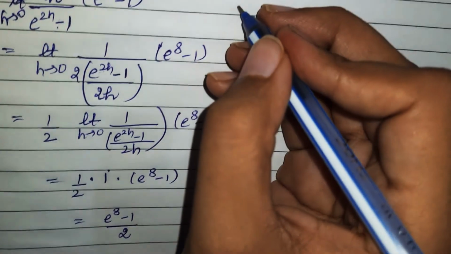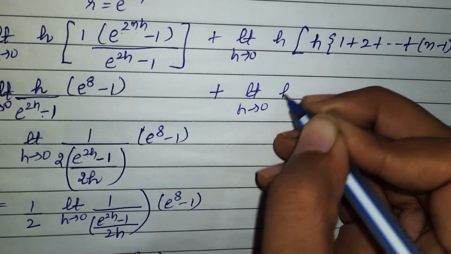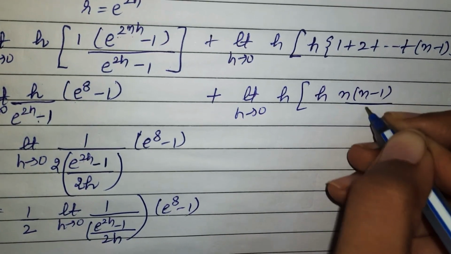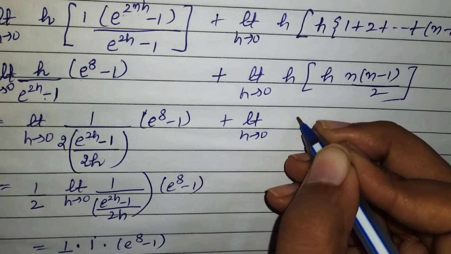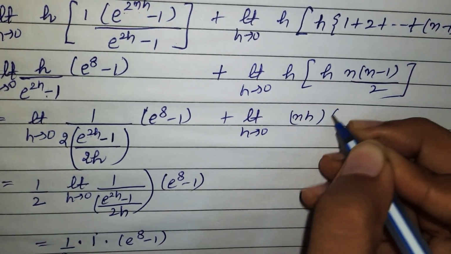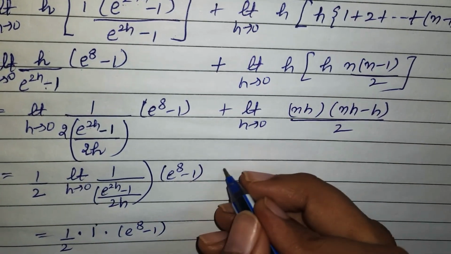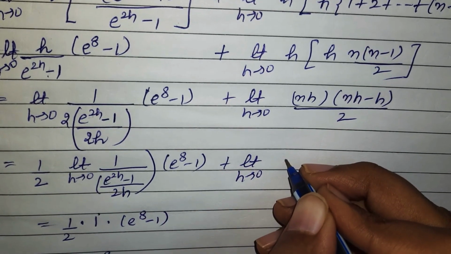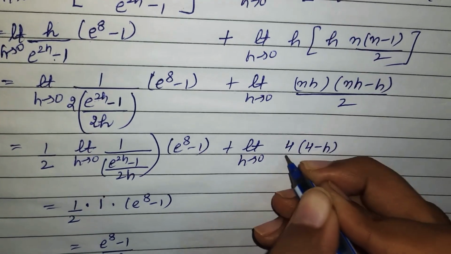Now plus limit h tends to 0, h, this is (n minus 1) by 2. So I will be getting limit h tends to 0, (nh minus h) by 2. So this will become limit h tends to 0, nh is what? nh is 4. (4 minus h) upon 2.